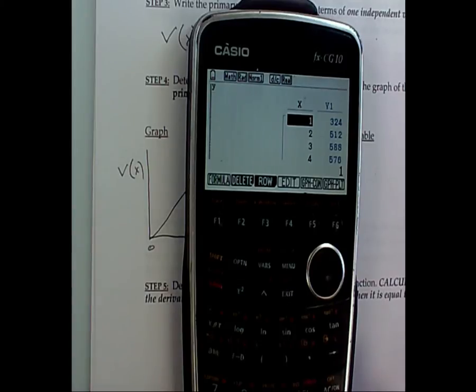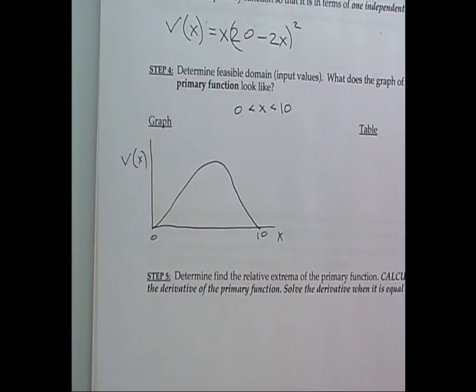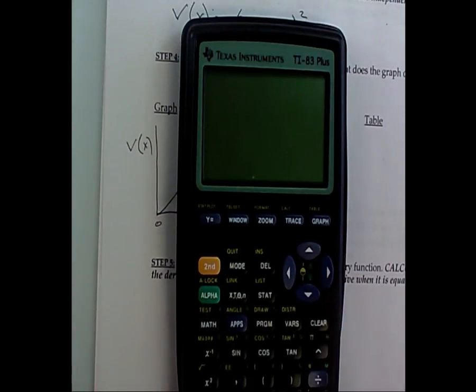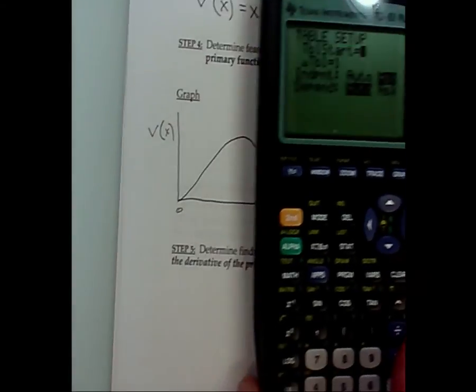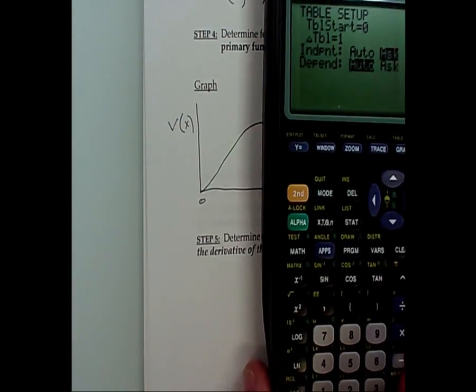It's just my permanent setting. I don't know how to get through it. Okay. You go to second window. You want to make sure it says independent Ask. Yeah, that's what you want it to be. Yep. It looks like that. Okay?